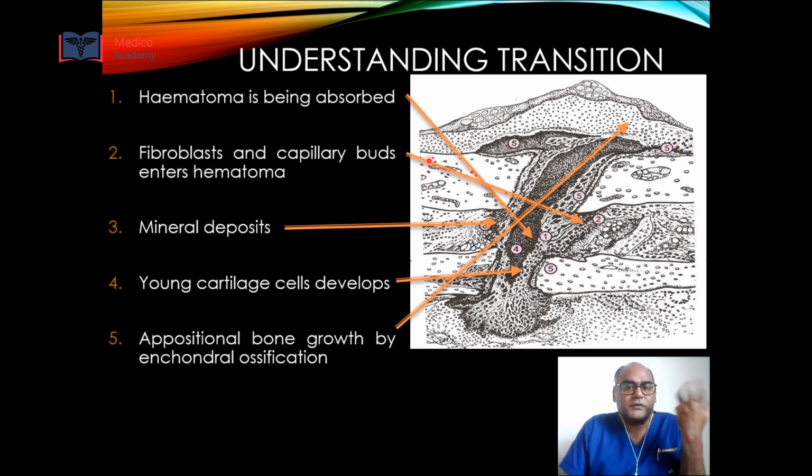How is this transition occurring? The fracture hematoma that was present at the break is slowly getting resolved, and the fibroblasts and capillary buds are insinuating into it, migrating through the re-establishment of the intramedullary blood supply. There is mineral deposition which begins at the center of reparative tissue. Why at the center? Usually the center of the tissues are hypovascular, but here the situation is different.